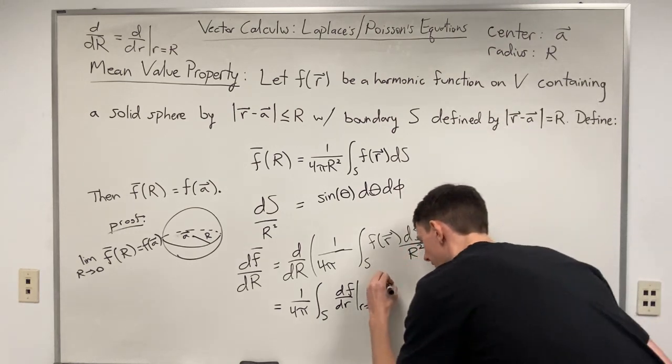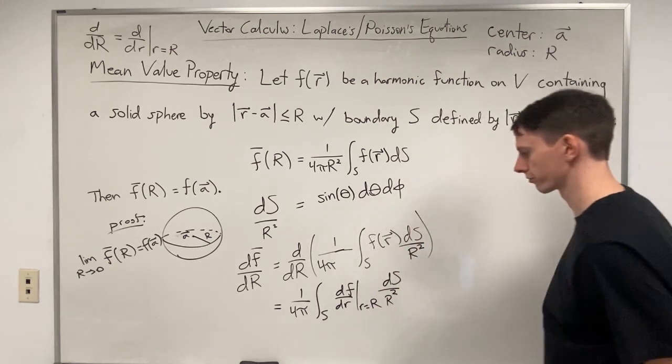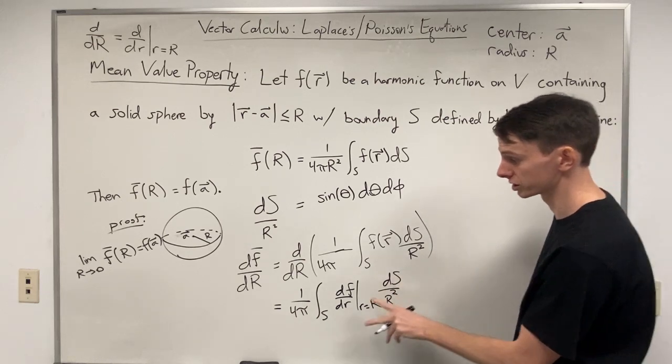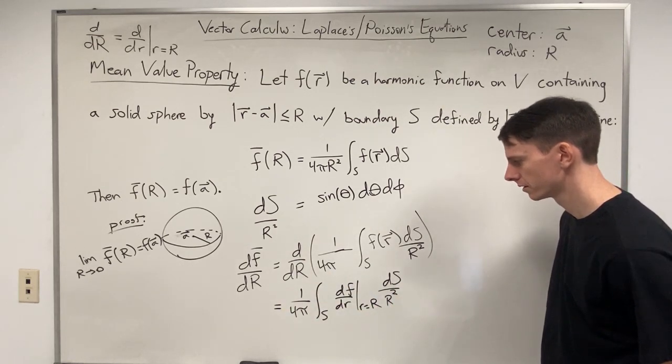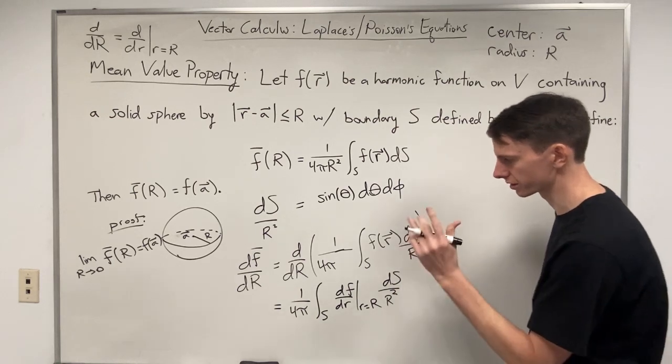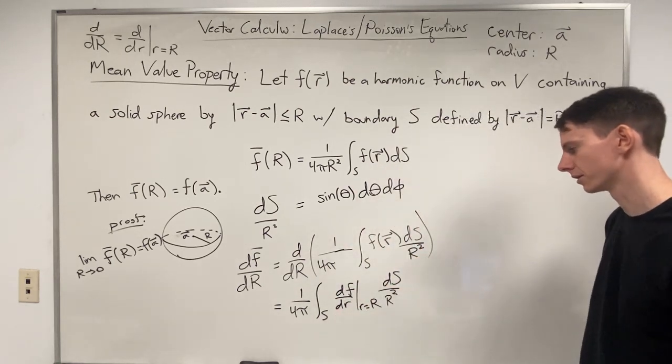And then we still have dS over r squared out in front, because that's a constant with respect to the radial coordinate, right? So kind of an interesting thing. All of that is to say that this is the only thing that the derivative acts on right here.